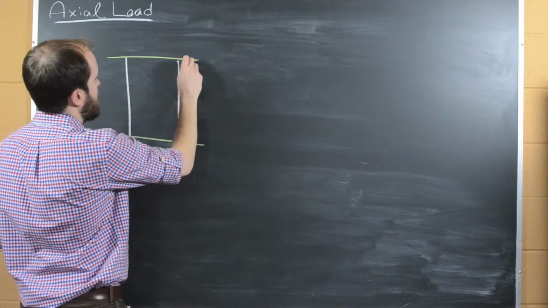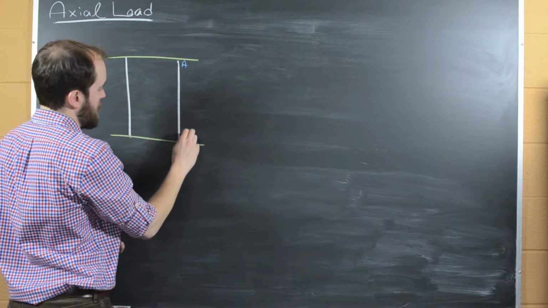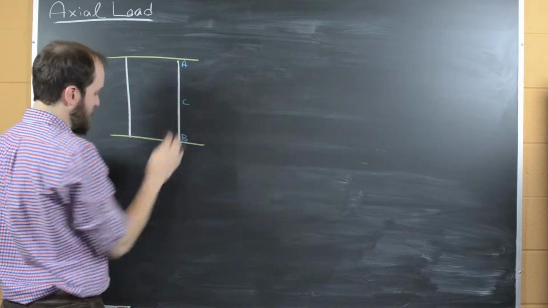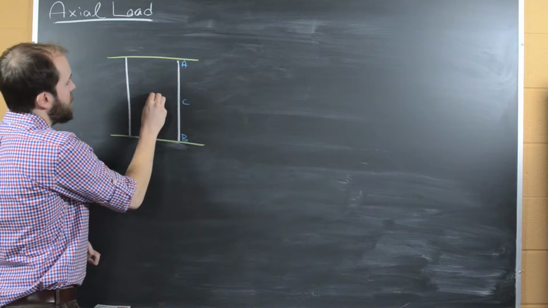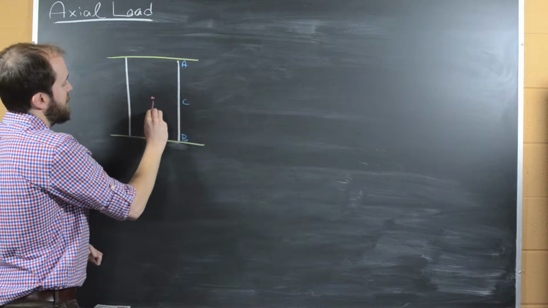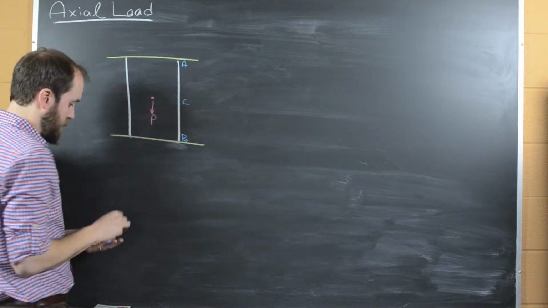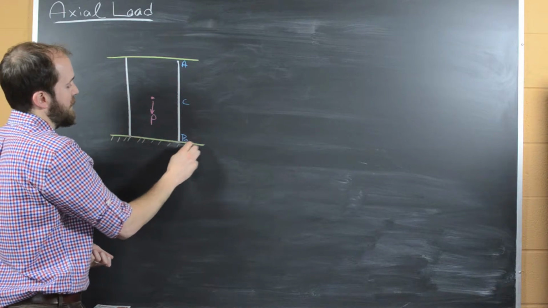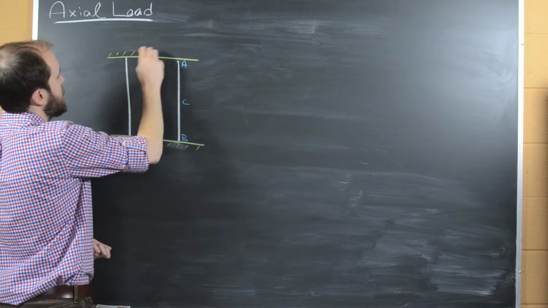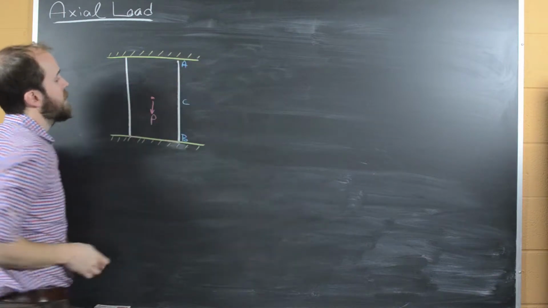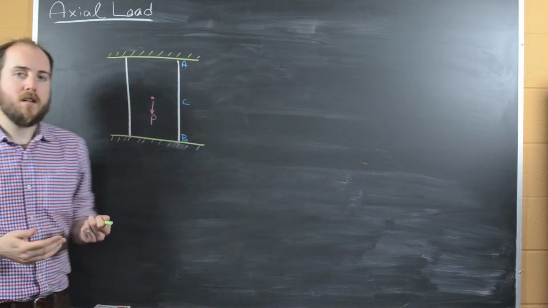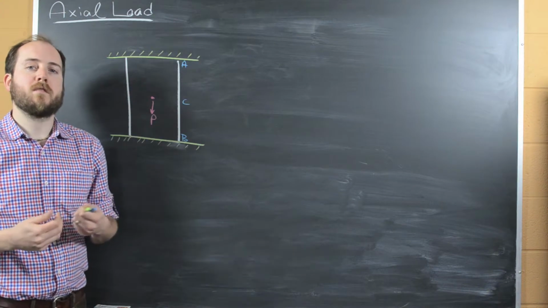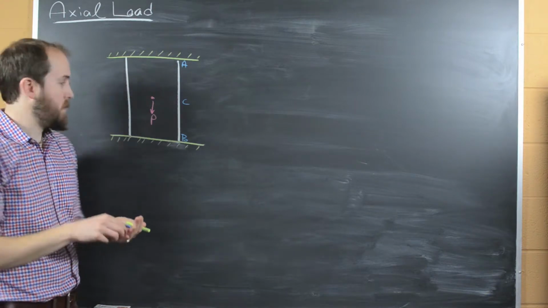And so if we label this top part A, this bottom part B, and the center C, and if we have a load applied at the center, pulling down with a force P, and we want to know the stress within this object, we can start by using a sum of the forces to get our equilibrium equation.